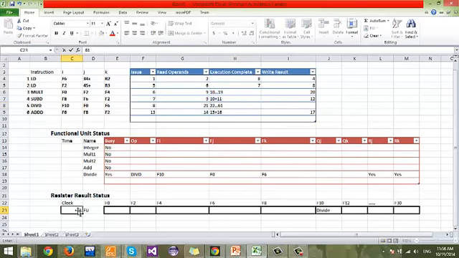And what happens in the next clock cycle? In the next clock cycle, div D goes to the write result stage. So at the end of that clock cycle, divide will again become available, and the register result status will be cleared.